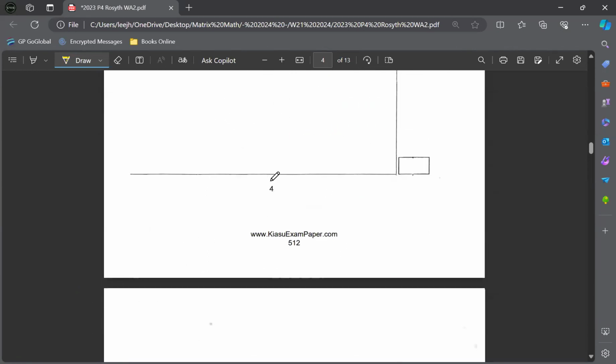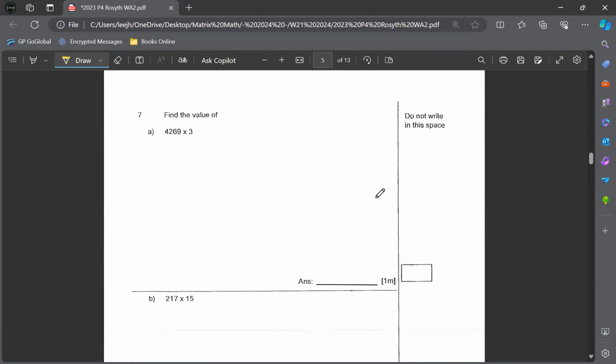Question 7. Find the value of 4269 times 3. Okay, this one very simple already. You just need to do your working. 4269 times 3. 9 times 3, 27. So, we regroup the 2. 6 times 3, 18. 18 plus 2, 20.